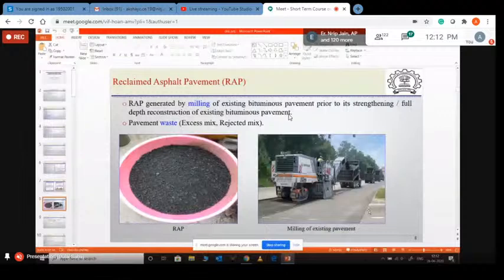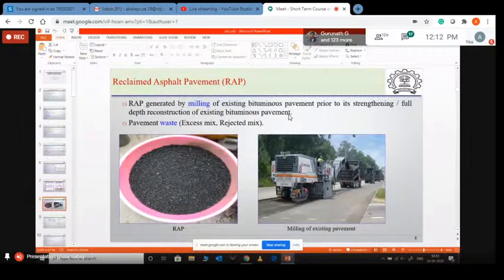So we need to mill it. And another thing is that if we put only overlay without taking out some portion of the existing material, maybe because of reflection cracking, the existing pavement may not perform well. So generally what we do is we try to mill some portion of the existing material depending upon the condition of the road, generally 40 to 50 millimeter is milled.